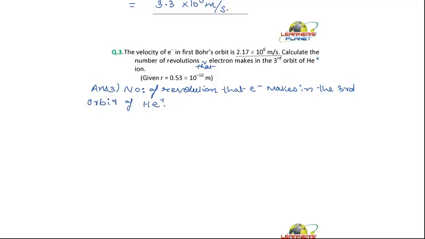Now, what is the formula for number of revolutions? The number of revolutions is equal to the velocity of electron divided by the circumference.